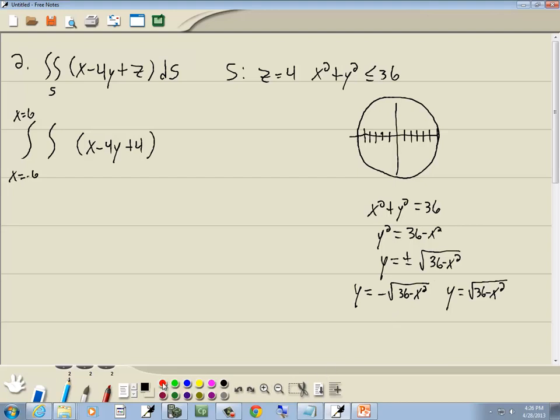This minus version is what's underneath, and this plus version is what's up on top. So in setting this up, we're going to go from y equals negative square root of 36 minus x squared to y equals positive square root of 36 minus x squared, dy dx. Oops, I forgot my square root. Sorry.